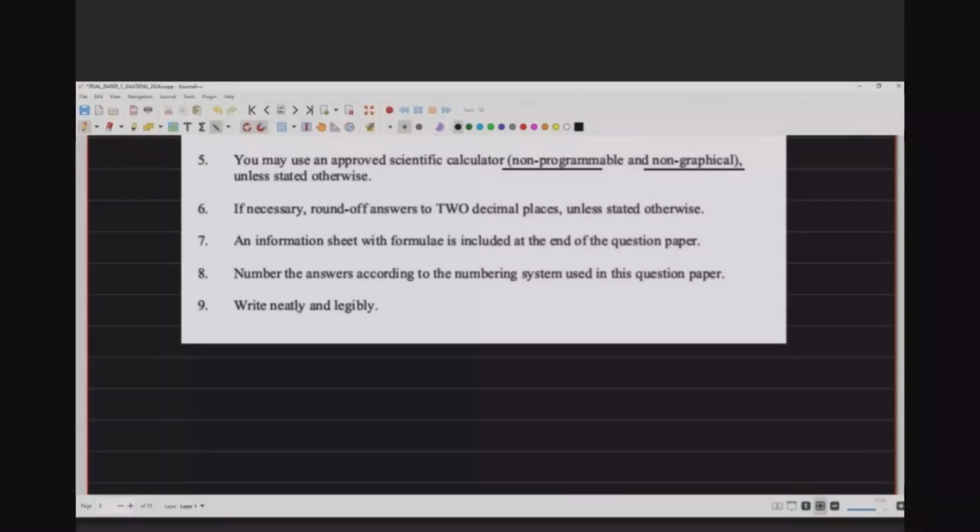And they're saying that it's unacceptable to assume values or answers in order to solve a problem. That means that you're not allowed to make any assumptions about values. You always use what's given to you.